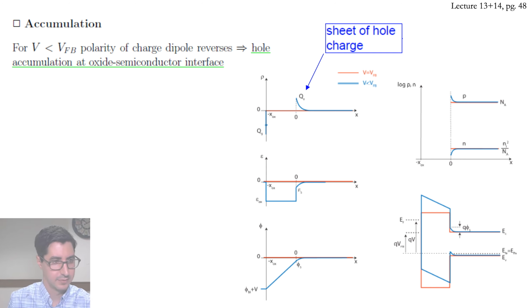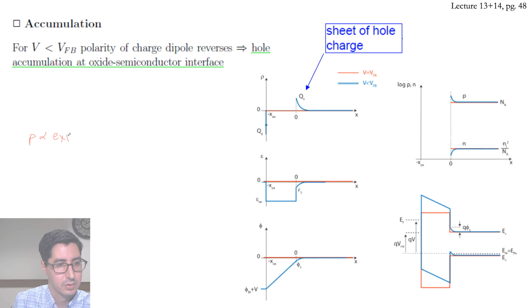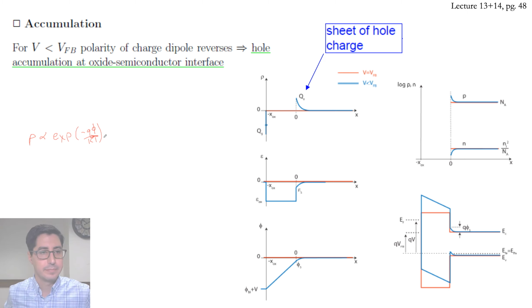So the hole density is proportional to the exponential of negative q phi over kT.